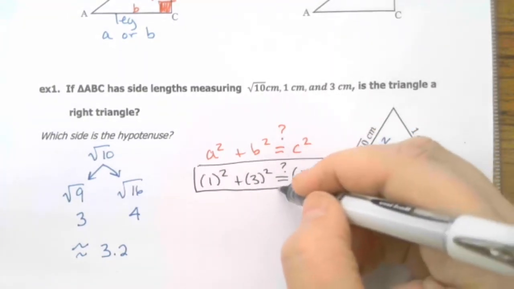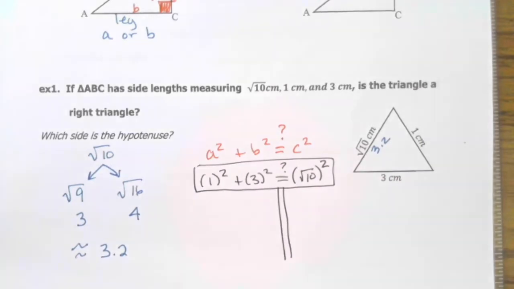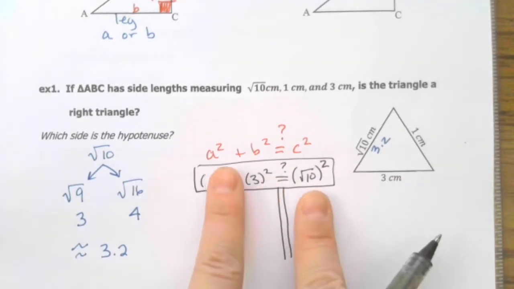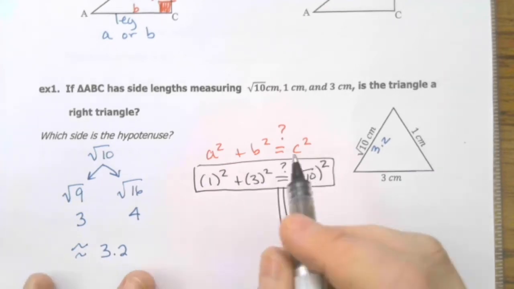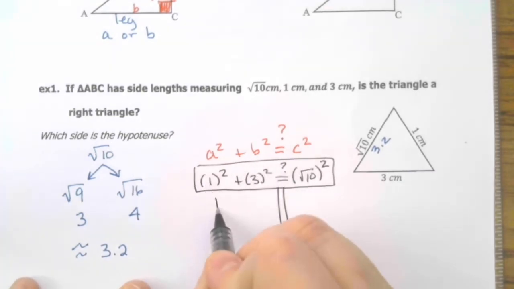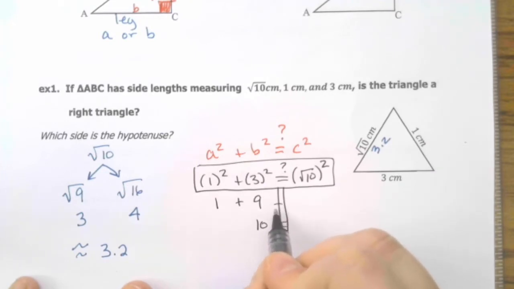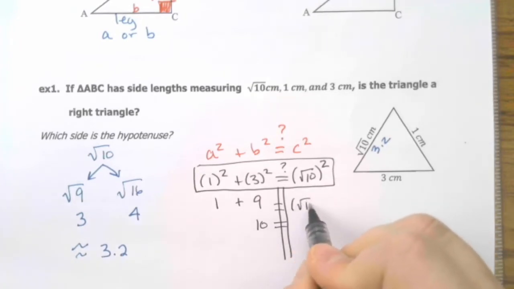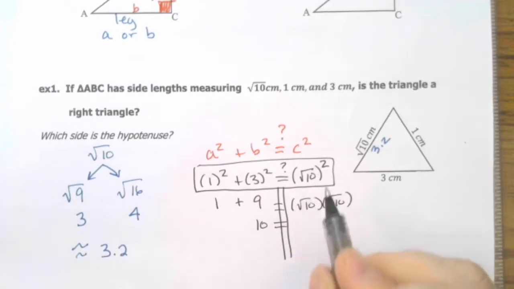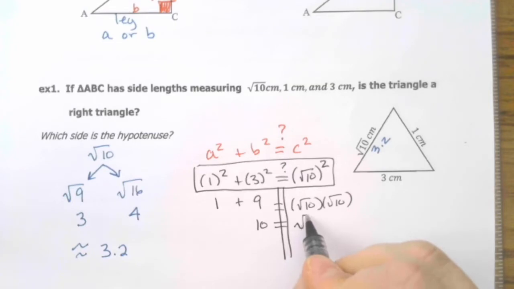We are not solving, we are proving. So double yellow lines mean do not cross. When you prove, you just simplify straight down. So let's do the easy side first. 1 times 1 is 1. 3 times 3 is 9. We get a 10. The question is, what are we going to get over here? All right, so square root 10 times square root 10. The radicands get combined.